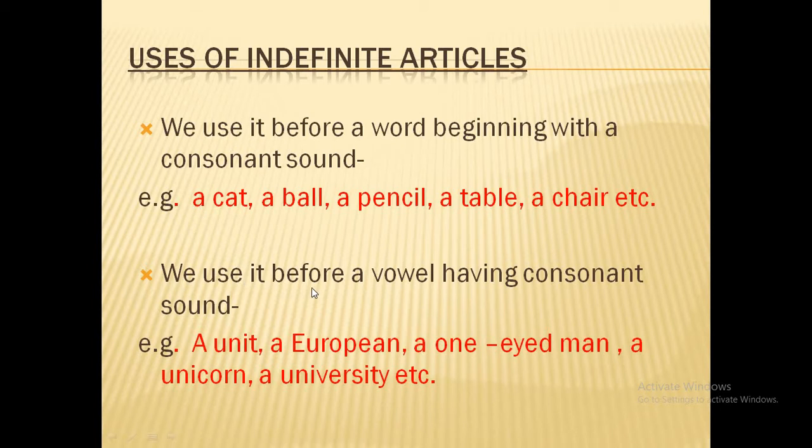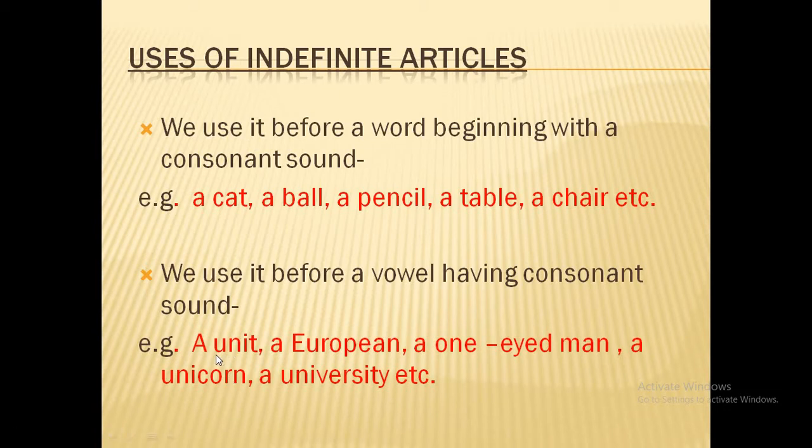Now, we use it before a vowel having a consonant sound, as in a unit, a European. So what does it mean? Though it is a vowel, it is pronounced as a consonant. U doesn't give us the sound of a here.